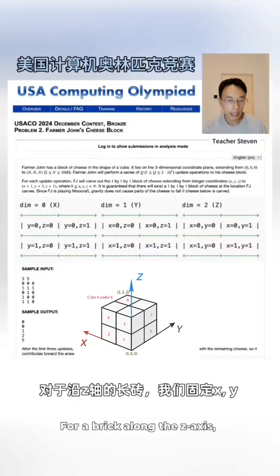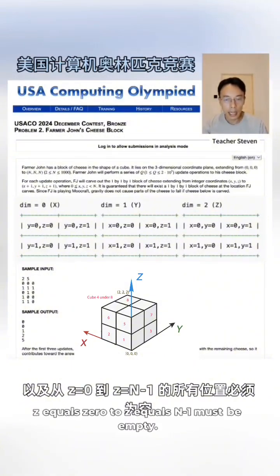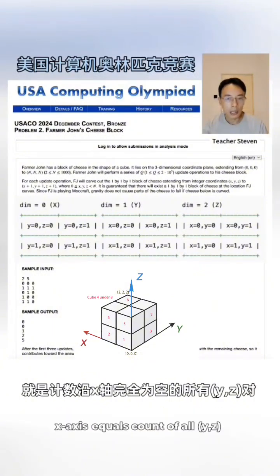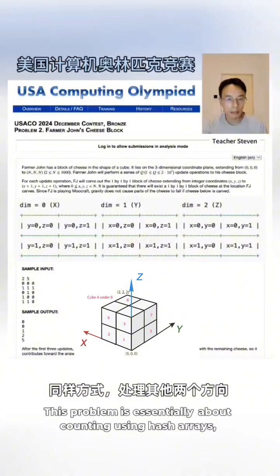For a brick along the z-axis, we fix x, y, and all positions from z equals 0 to z equals n minus 1 must be empty. Thus, the number of possible placements along the x-axis equals the count of all y-z pairs where the x-axis is fully empty. Similarly for the other two directions.